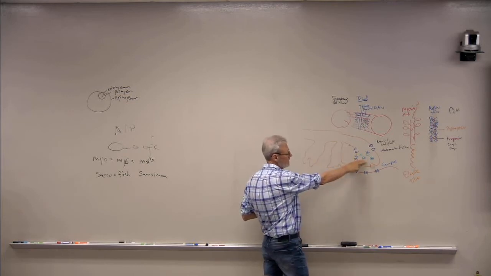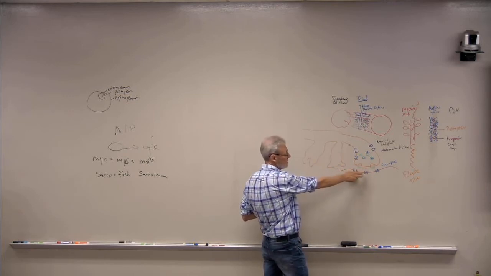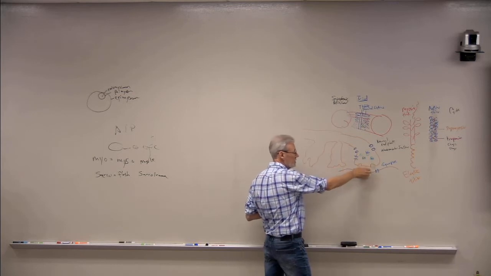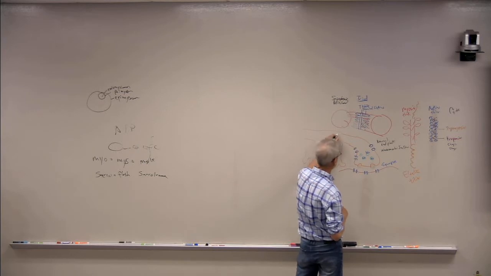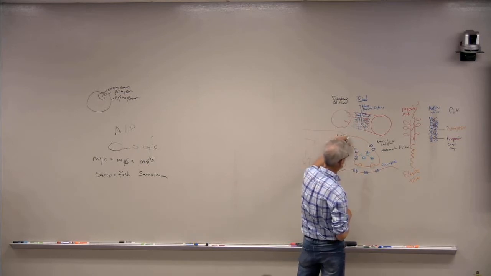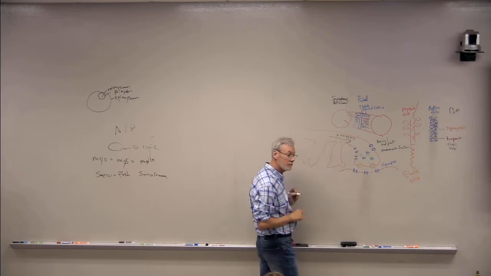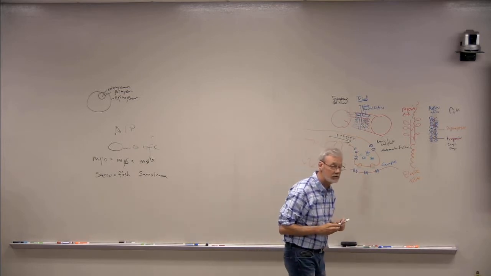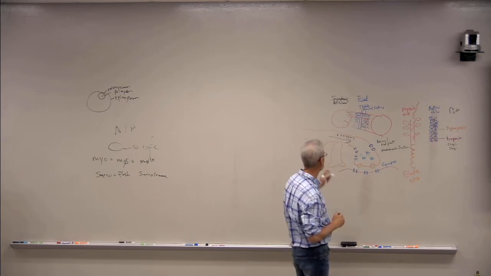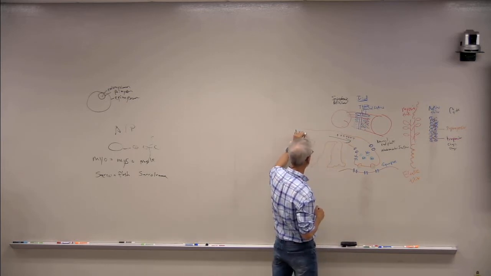Where the nerve almost touches the synapse between the nerve and the muscle cell, that electrical charge that comes down the nerve opens channels in the very end of the nerve, the axon, A-X-O-N.